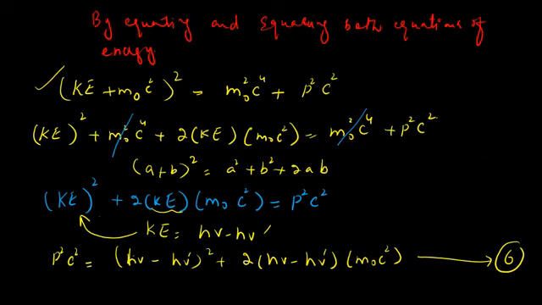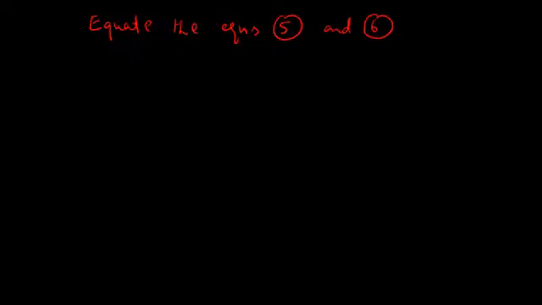So we can further solve this equation. Now we can equate the other two equations, equation 5 and equation 6, because both give the value of p square c square.